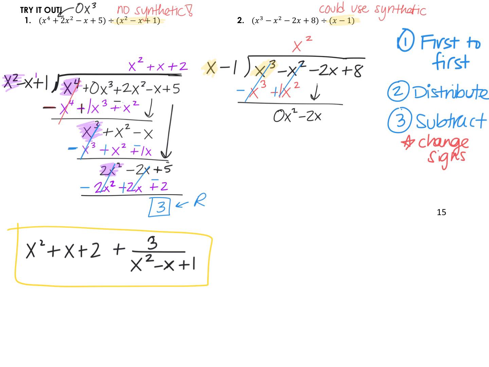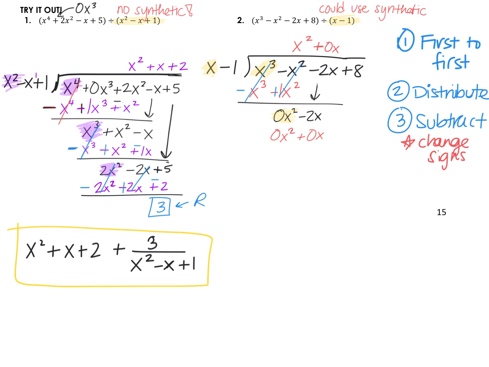And then again, you're comparing first to first. X times what gets me 0x squared? 0x. Weird, I know. Okay, so 0x is what we're going to use. And now you're going to distribute a 0x, which obviously is not going to do very much. So 0x times x is 0x squared. 0x times negative 1 is, well, 0x.